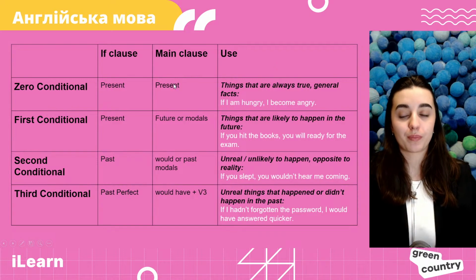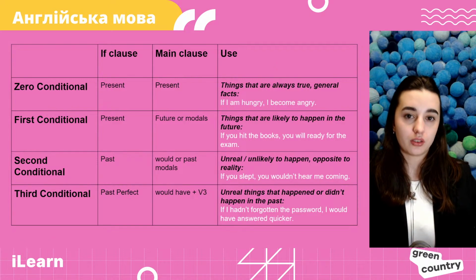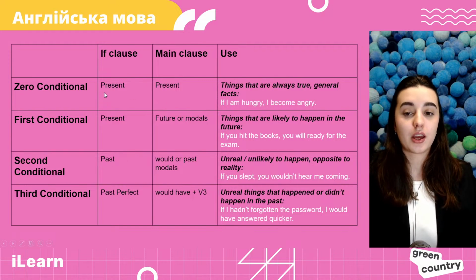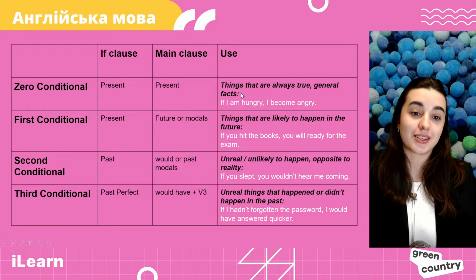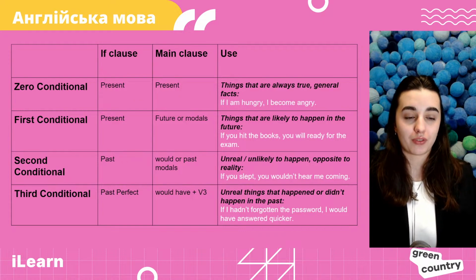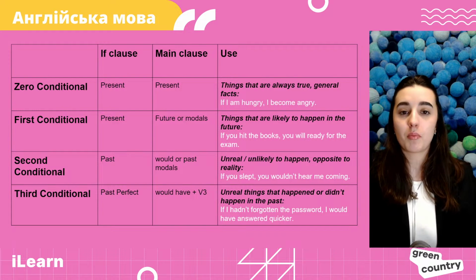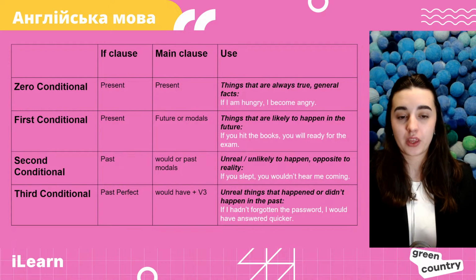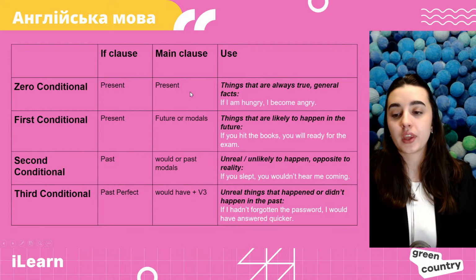Тож підсумуємо. Conditional zero ми вживаємо лише з теперішніми часами і використовуємо, коли ми описуємо якісь речі, які 100% правдиві, і ми точно знаємо, що це якийсь загальний факт про природу, про життя, про людину і так далі. Те, що ніколи не змінюється.